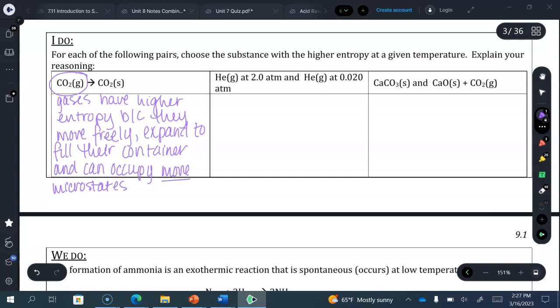And remember, when we say occupy more microstates, we mean a greater disorder.